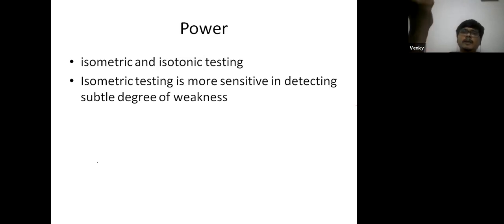Then the patient has already flexed the elbow, and now you give resistance to extend the elbow, and you ask the patient to remain in the flexed state. So these are the two types of examination of power. This is called isometric and isotonic testing.